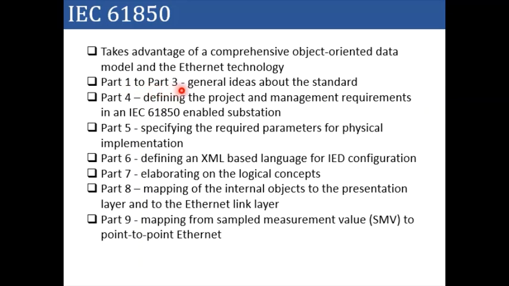Part 1 to part 3 of 61850 talks about the general ideas about the standard. Part 4 defines the project and the management requirements in an IEC 61850 enabled substation. Part 5 specifies the required parameters for physical implementation.